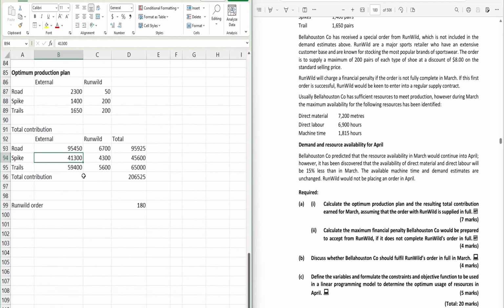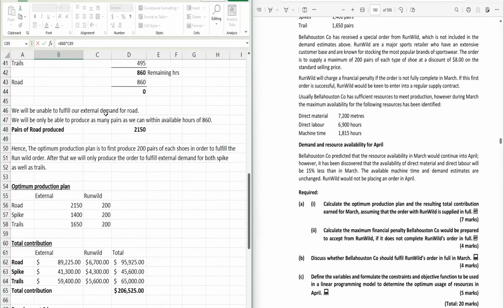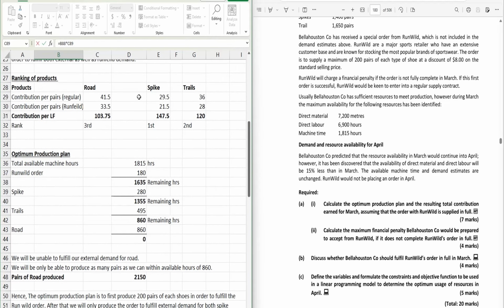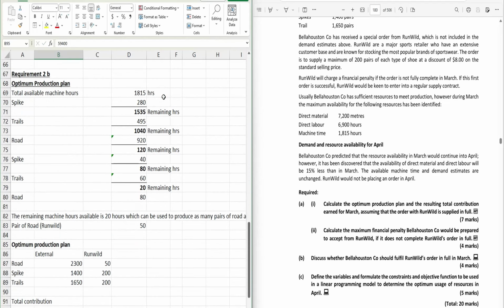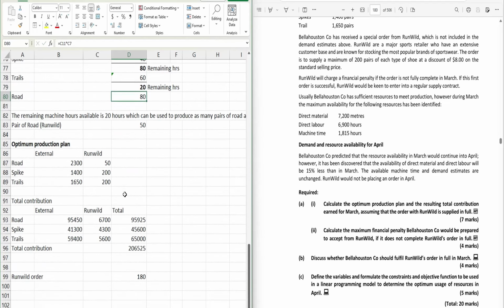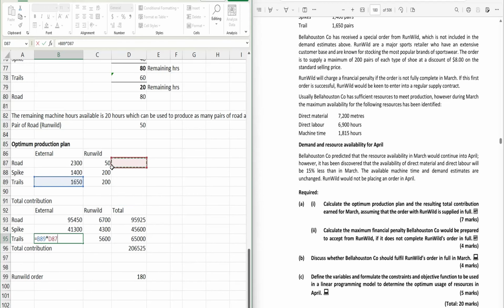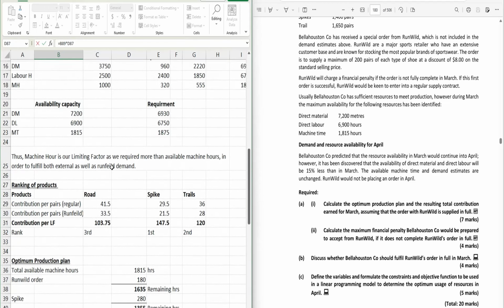Then again, for spike we are fulfilling 1400, multiplied with the contribution of spike. Then for trial we have 1650, so we will multiply with the contribution of trial. What is that?